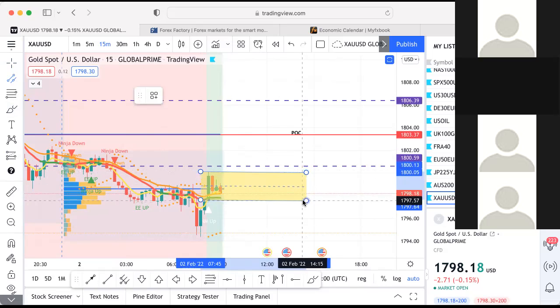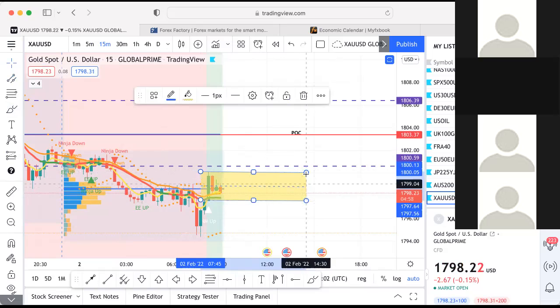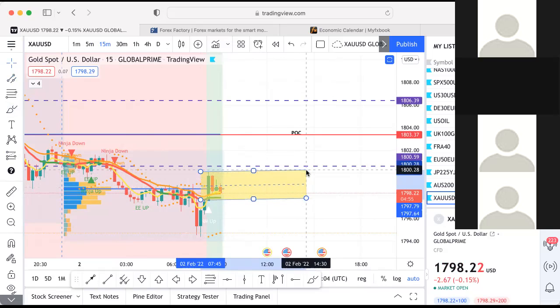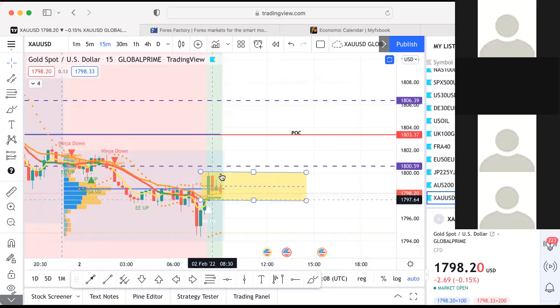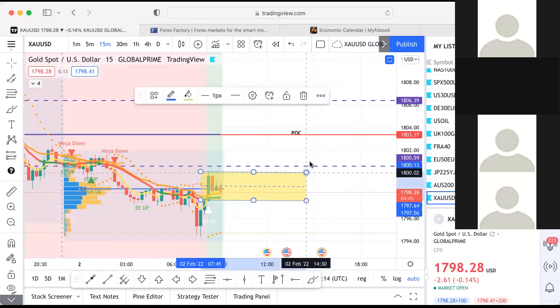We're sort of bouncing around in that area, so I can put an alert on there to bring me back to my screen when it triggers.